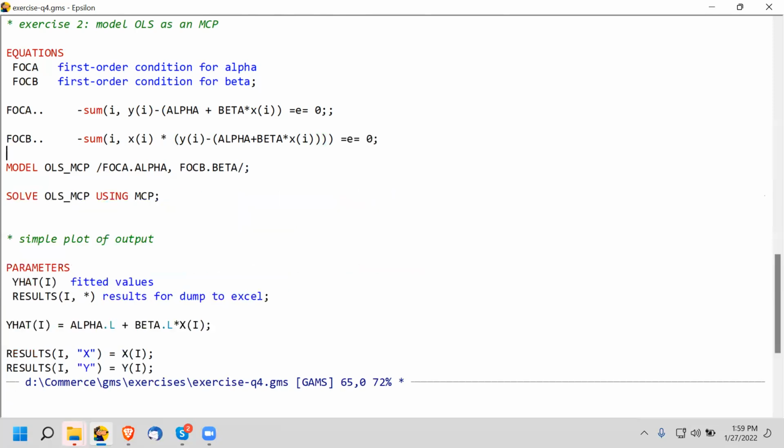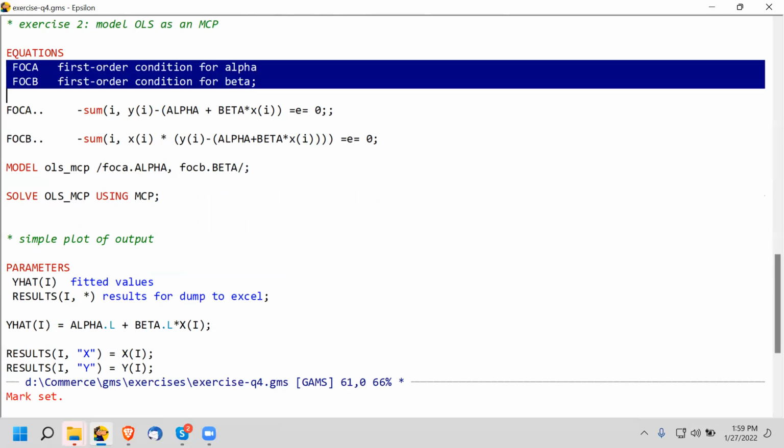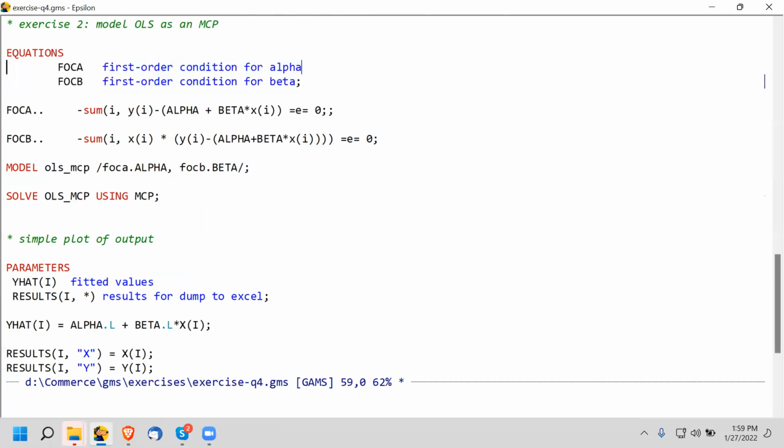So that gives me the first order conditions. That's the OLS as an MCP, in alpha and beta.